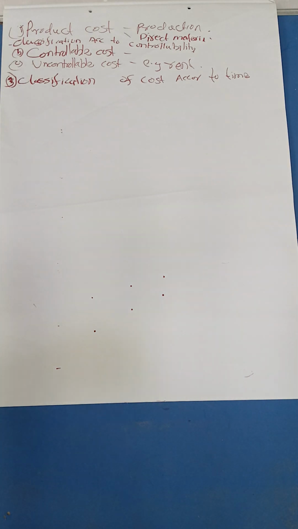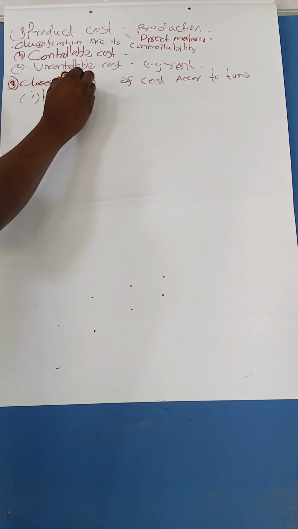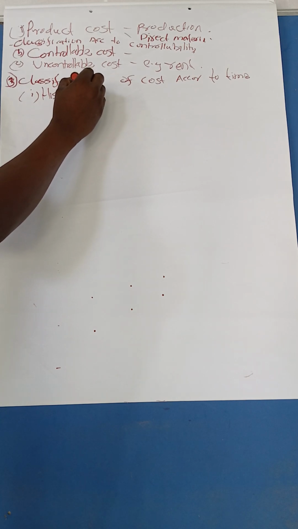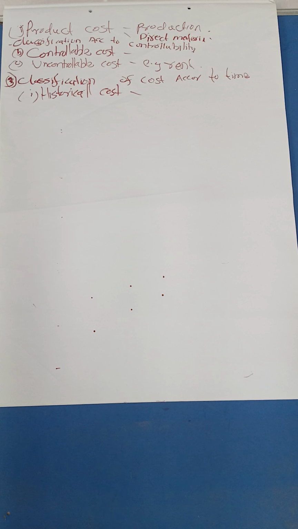We said here we are going to look into historical cost. Historical cost, in this case, we say these are just costs ascertained after they have been incurred.